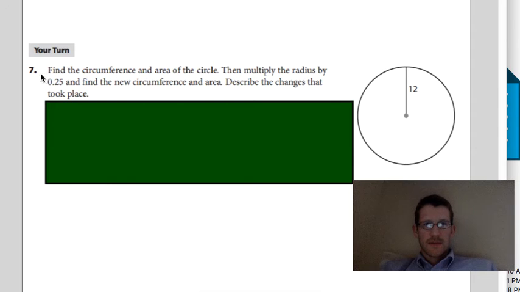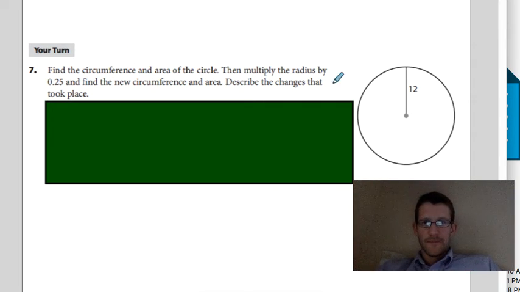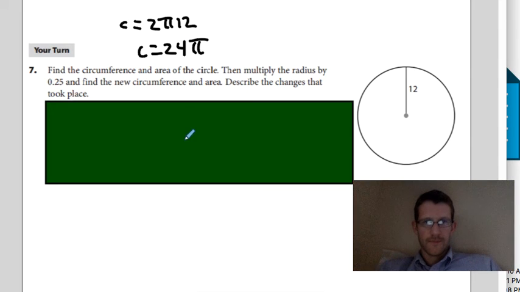This one says, find the circumference and area of the circle. Then multiply the radius by 0.25 or 1/4 to determine the new circumference and area. I'm going to walk you through the circumference, so then this should be super short. The radius is 12, therefore the circumference is equal to 2 times pi times r, which is 12, or the circumference equals 24 pi.